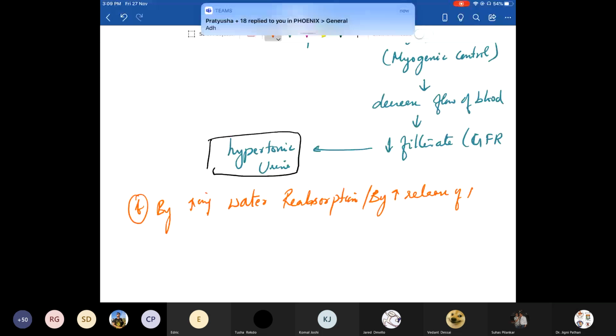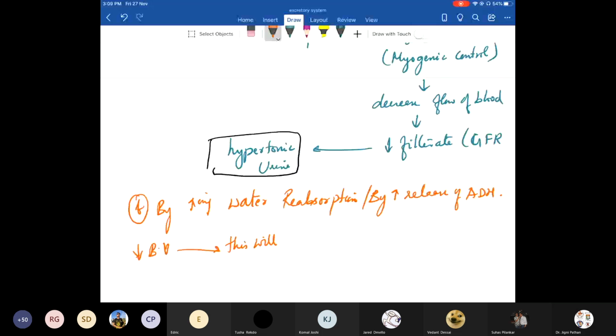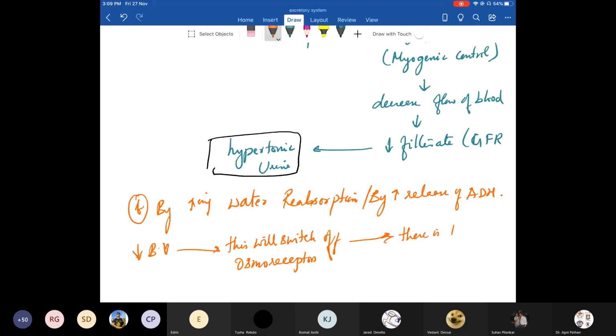ADH, very nice. Whenever there is a decrease in blood volume, this will switch off the osmoreceptor. Then there is an increase in ADH release.